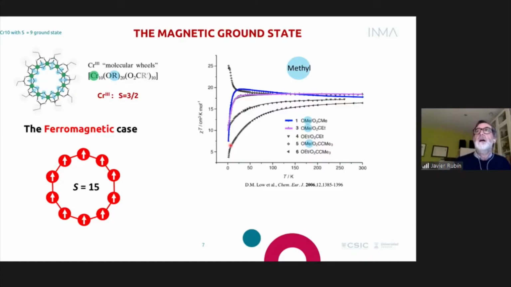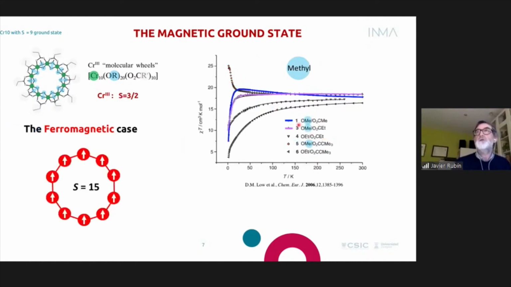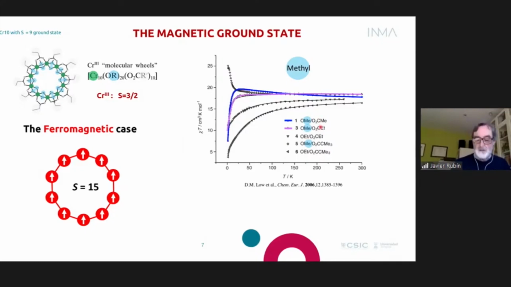However, when we change the other ligand, there are two types of cases, and the difference between these two corresponds to changing the other ligand.